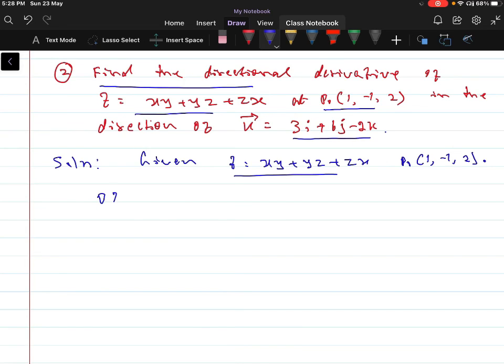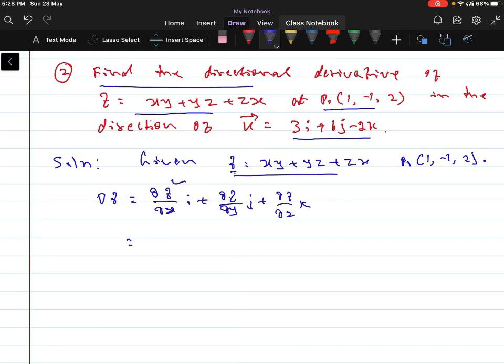So gradient of f is equal to dou f by dou x into i cap plus dou f by dou y into j cap plus dou f by dou z into k cap. So where dou f by dou x is differentiate function f with respect to x.